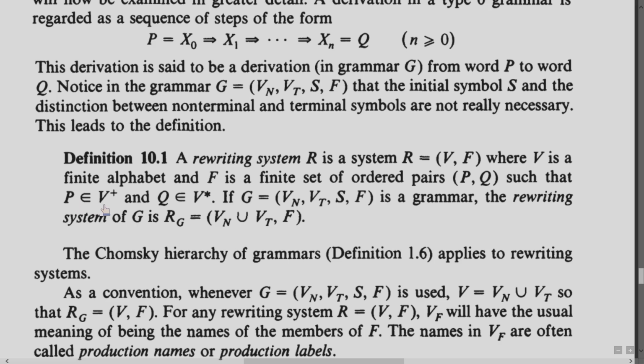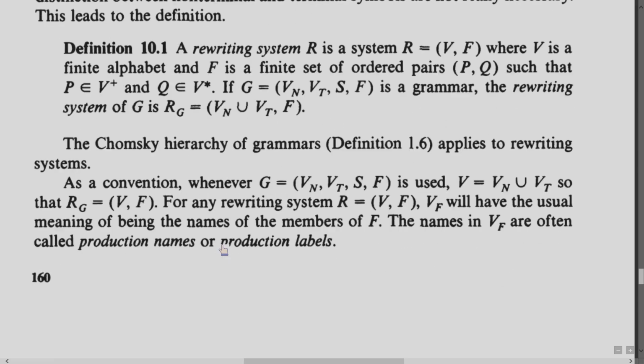So the left-hand side of the production rule should have at least one symbol, whereas the right-hand side can be empty also. So the grammar rewriting system is given by RG equals (Vn union Vt, F). I hope you understand the rewriting system.